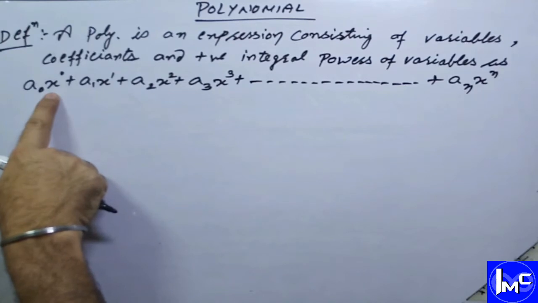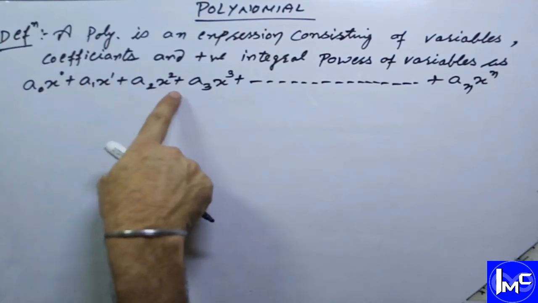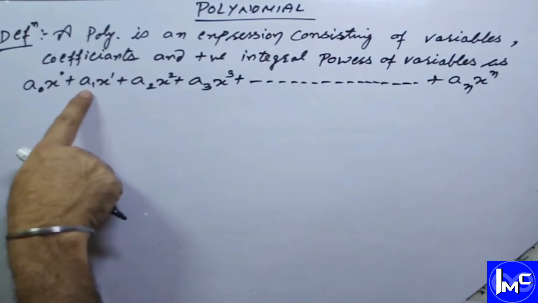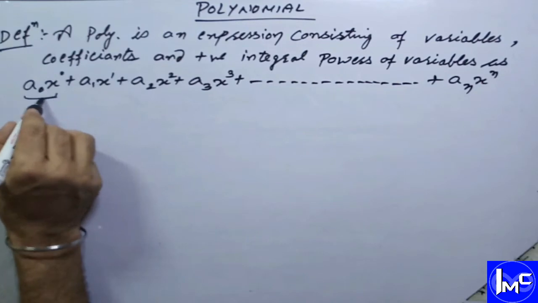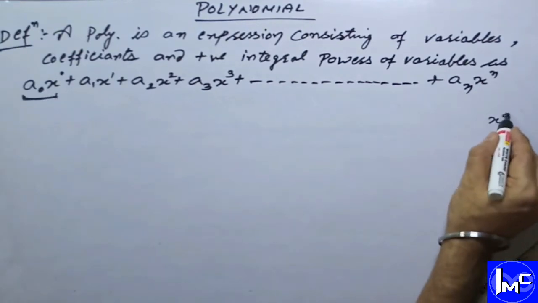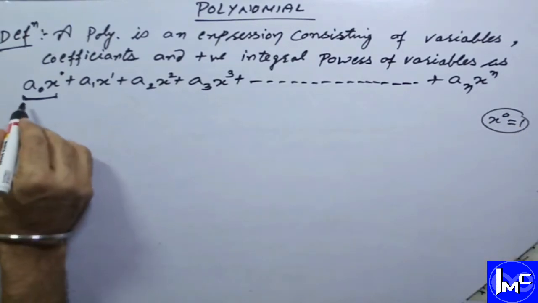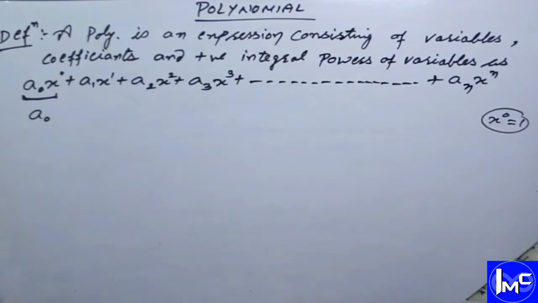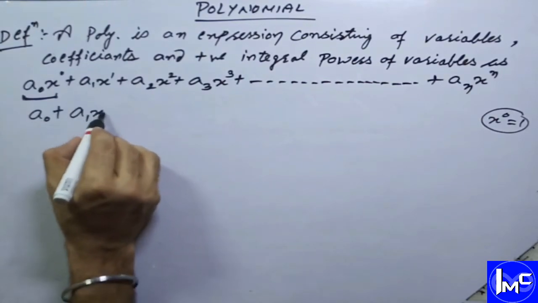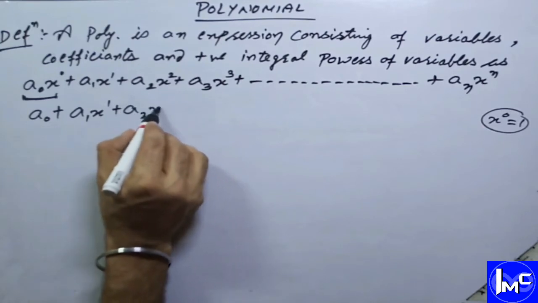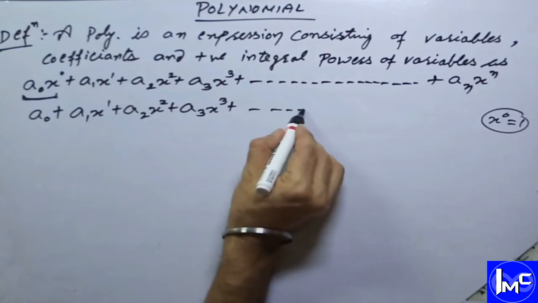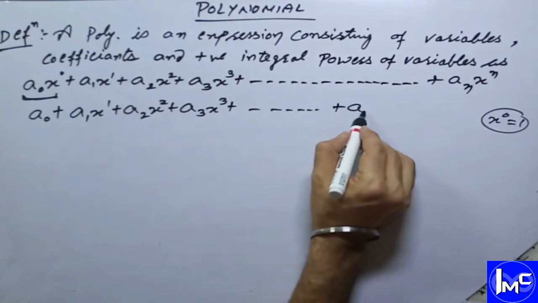This expression has a variable x everywhere it occurs, and these are the coefficients. This is a constant term first of all. Why? Because x raised to power 0 is equal to 1, so it will be a0 only, and it can be written as a1 x^1 + a2 x^2 + a3 x^3 up to the last term an x^n.